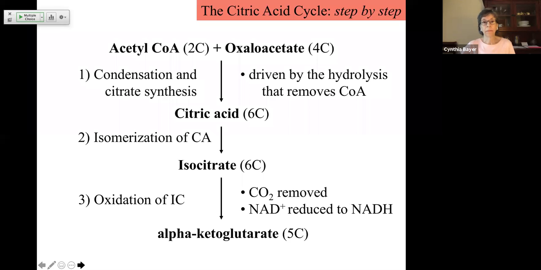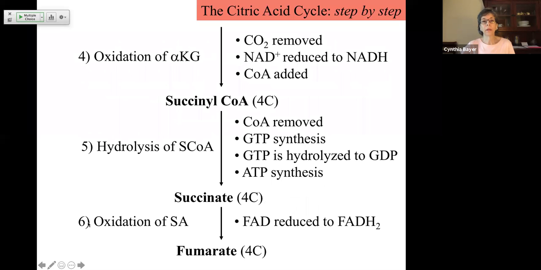In the next step, that alpha-ketoglutarate will be oxidized. Our second oxidation step, electrons transferred to another molecule of NADH. In that process, the 5-carbon alpha-ketoglutarate loses the second and really our last carbon from our original 6-carbon glucose, which has been released as carbon dioxide.